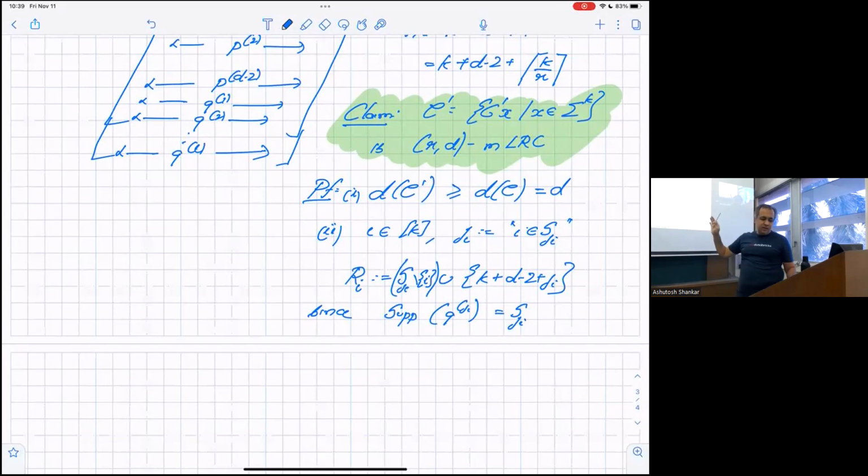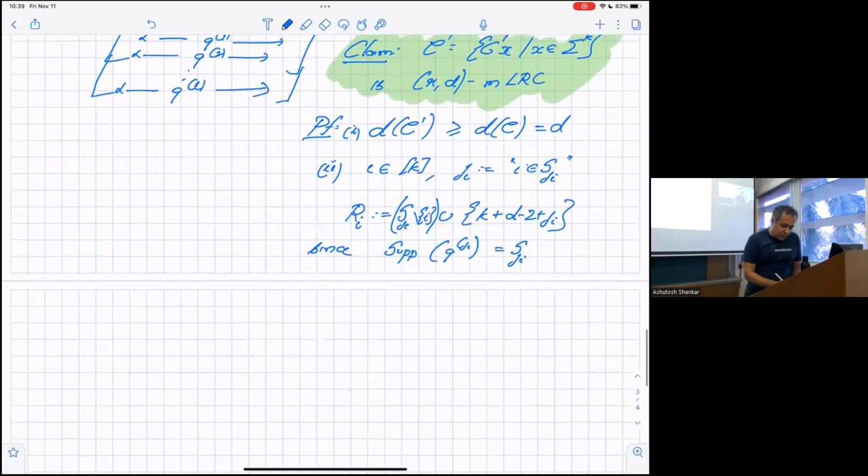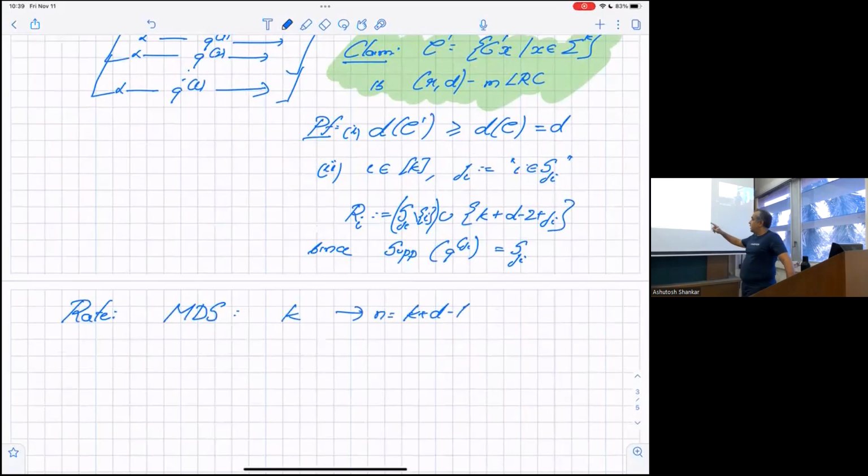This is a very simple construction, and notice the message length is extremely good. What's the rate of this code? MDS codes take K to K plus D minus 1. That's N, that's the blow-up.